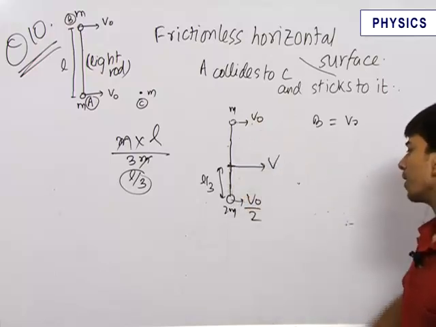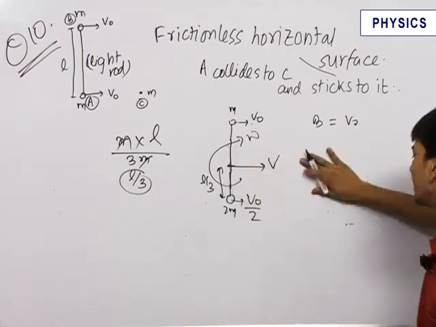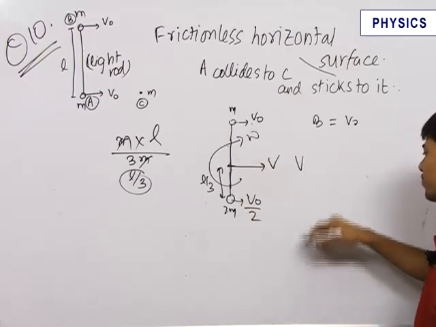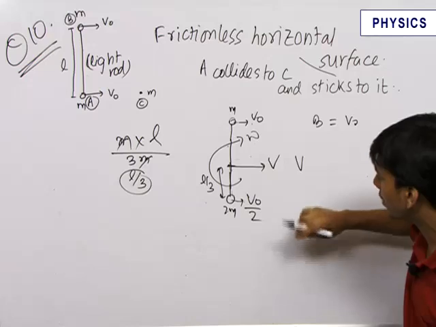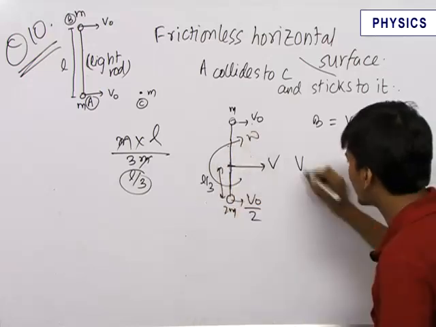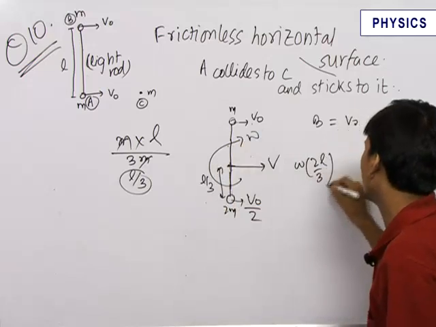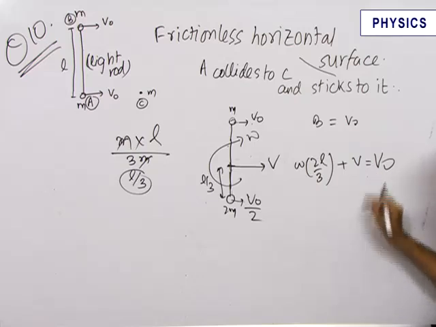This is v. The angular velocity is omega like this. So we can write any one of the two equations. The velocity of this object according to the center of mass: we first see rotation about the center of mass, that will give us omega into 2L/3 plus v is equal to v0. This is one equation.